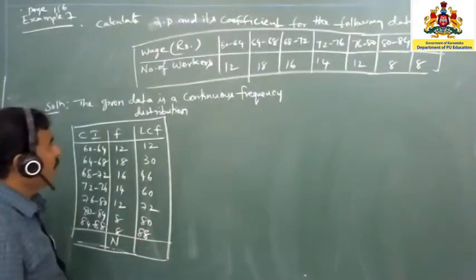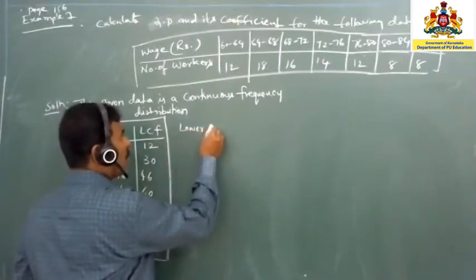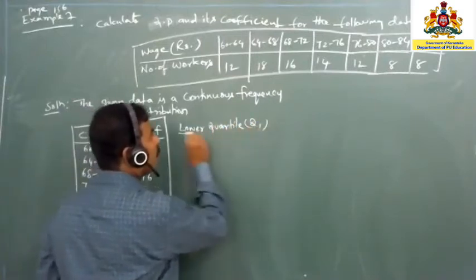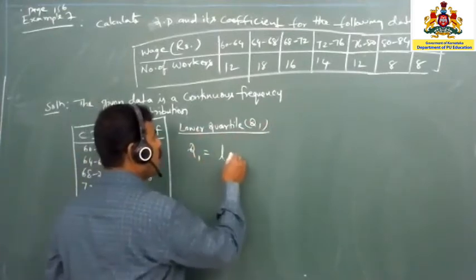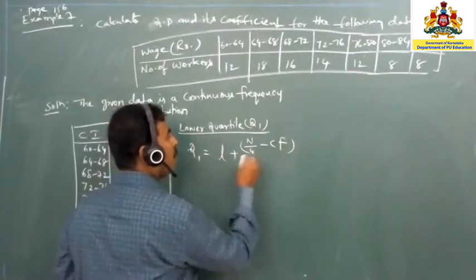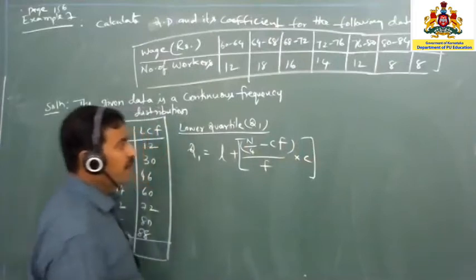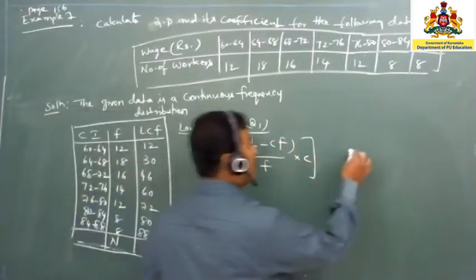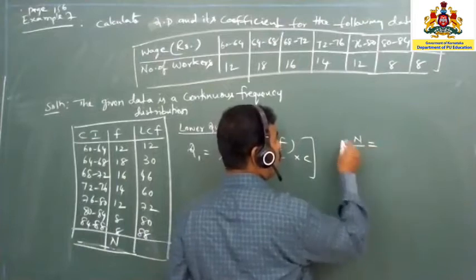So for computing quartiles, Q1, the formula for the lower quartile in case of a continuous frequency distribution is L plus N by 4 minus CF by F into C. First identify the factor N by 4, the N by 4th observation.